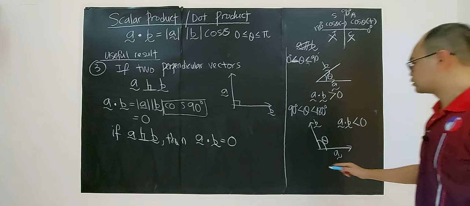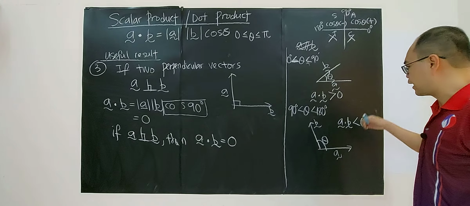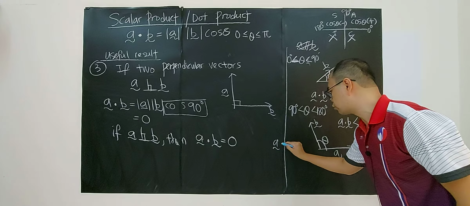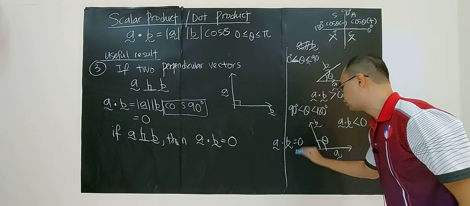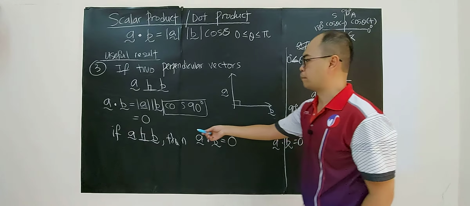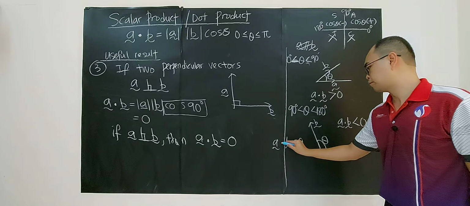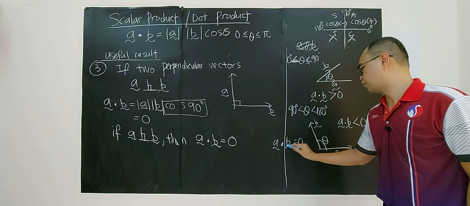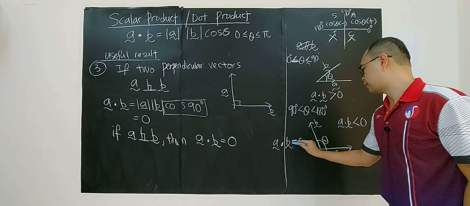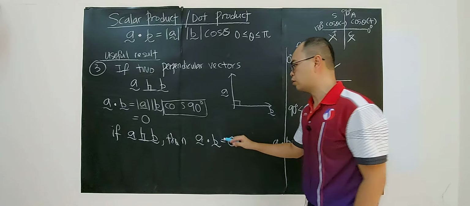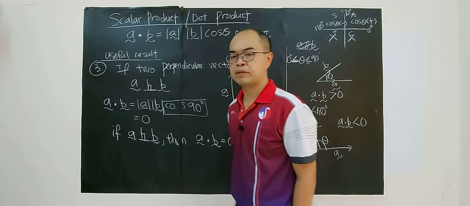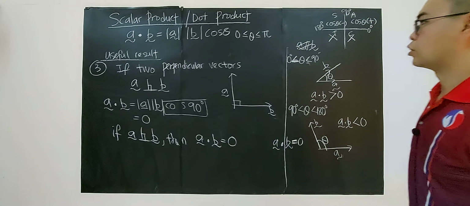Except for positive and negative, if you find A dot B to be 0, then what's the result? It will be perpendicular, meaning the angle will be 90 degrees. If A dot B is 0, the angle between vectors A and B is 90 degrees.